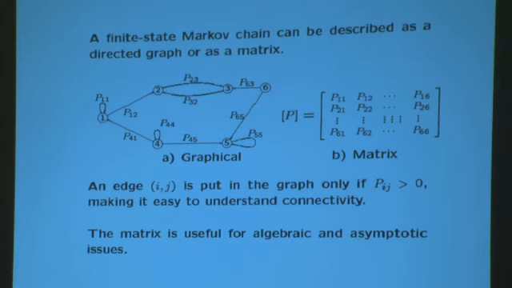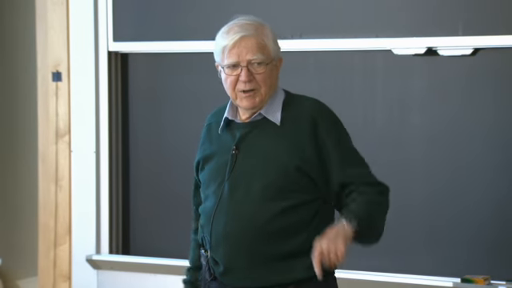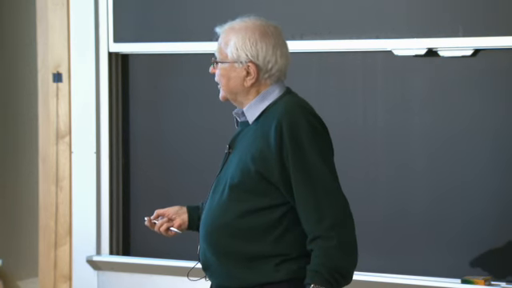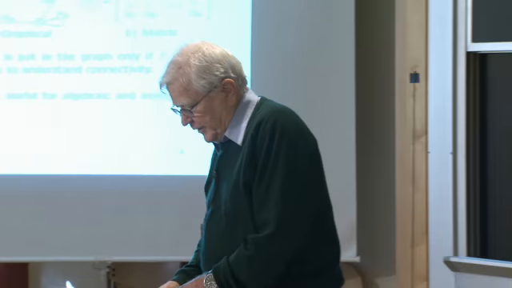If you have the states numbered from 1 to 100,000, and you can only go from state i to state i plus 1, or from state i to i plus 1 or i minus 1, then it becomes very simple, and you like to look at it as a graph again. But ordinarily, you don't like to do that.